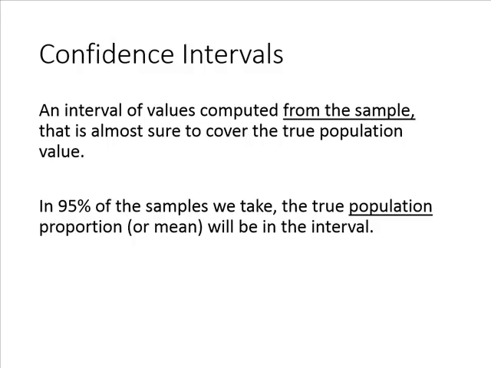So when CNN tells us that 53% believe Clinton won the debate, they're comfortable in that because they've collected a sample of people who have watched the debate. They collect a large enough sample, so the N is big enough that they can have a certain amount of confidence. In most cases, it's 95% confidence if we're testing a hypothesis, which leads kind of to where Ryan's question is about this whole idea of rejecting hypotheses.